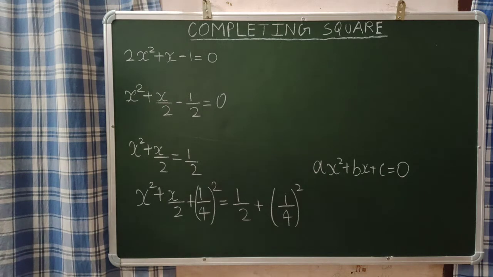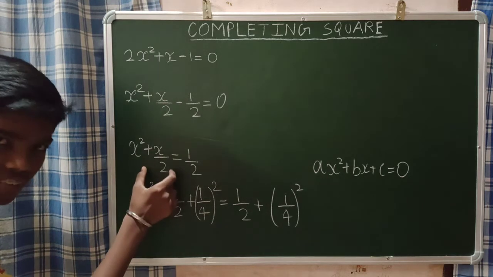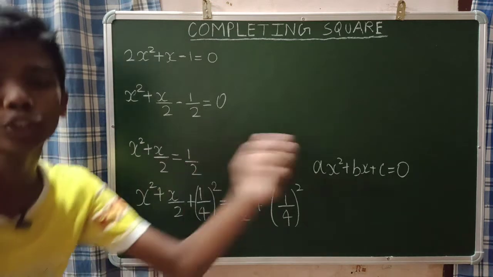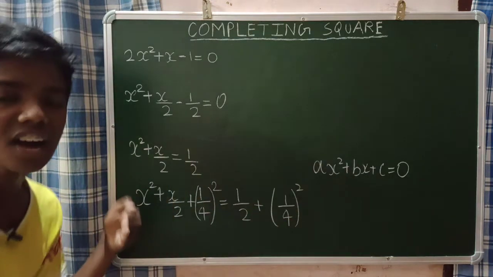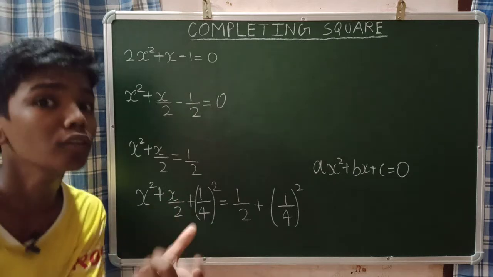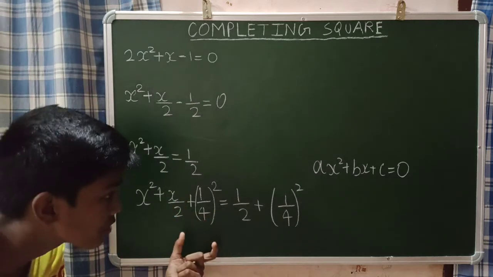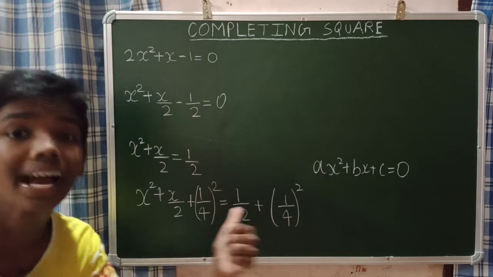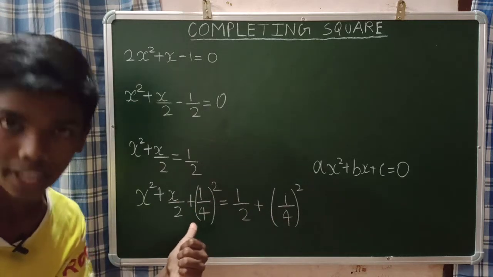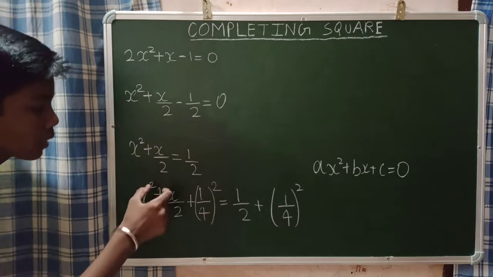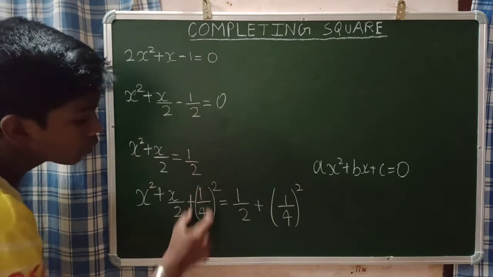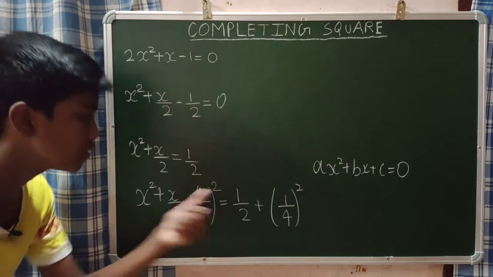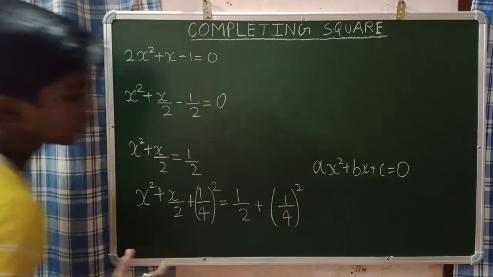Find the coefficient of x, that is 1 by 2, find half of it, which is 1 by 4, square that 1 by 4, and add that value on both sides of the equation, and that is something I did now.